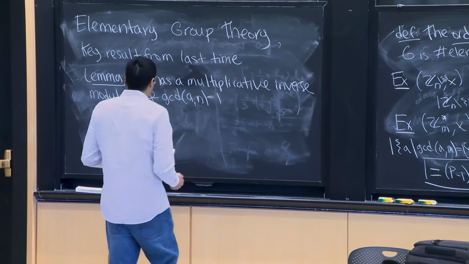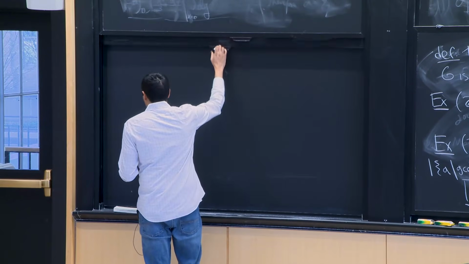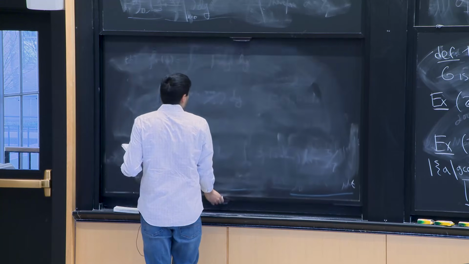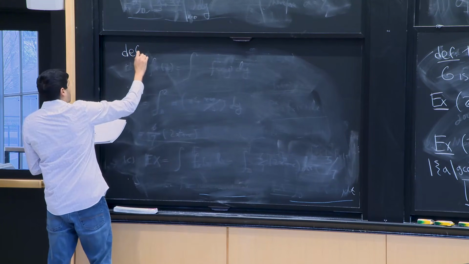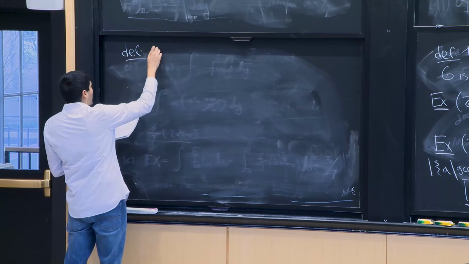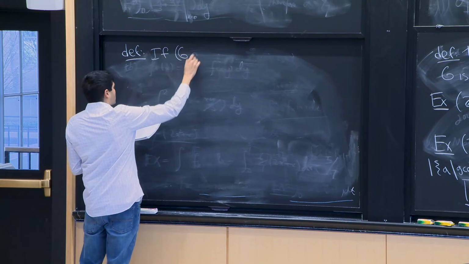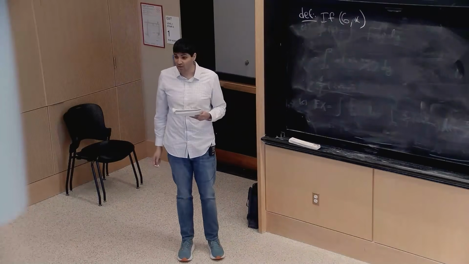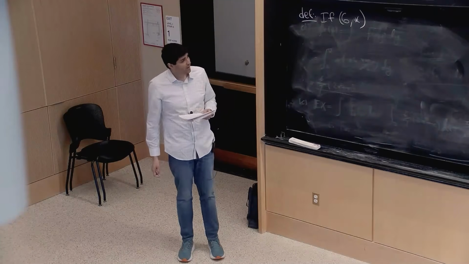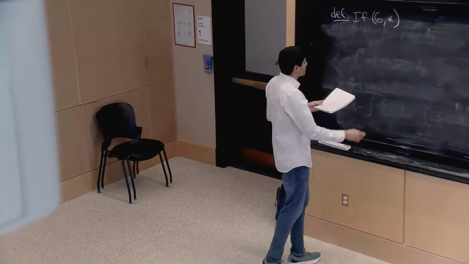So, I want to get up to Lagrange's theorem, but next we have one more abstraction before I can tell you Lagrange's theorem. This is our last abstraction for today. We can also talk about the notion of a subgroup. So imagine I gave you a pair, G and star, where G is the set, and we'll be interested in finite sets for today, and then we have this binary operation star.